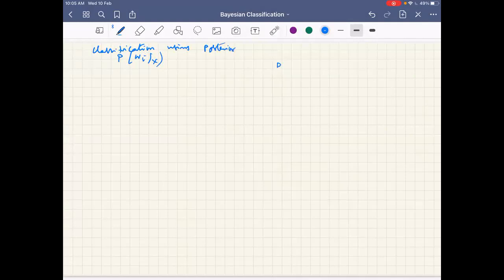What should be the decision rule in classification with posterior, and what should be the decision boundary, or how to find the decision boundary? In this case, we will also see what the associated error is and how to quantify it.